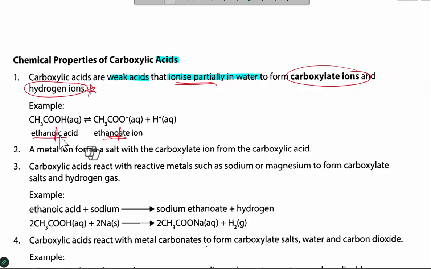Methanoic acid will change to methanoate. So I remember this way: IC changes to ATE whenever you turn into the ion. Just like chlorine turns to chloride, IDE. They all turn to IDE, but down here they all turn to ATE. So that's the way I can remember the name.